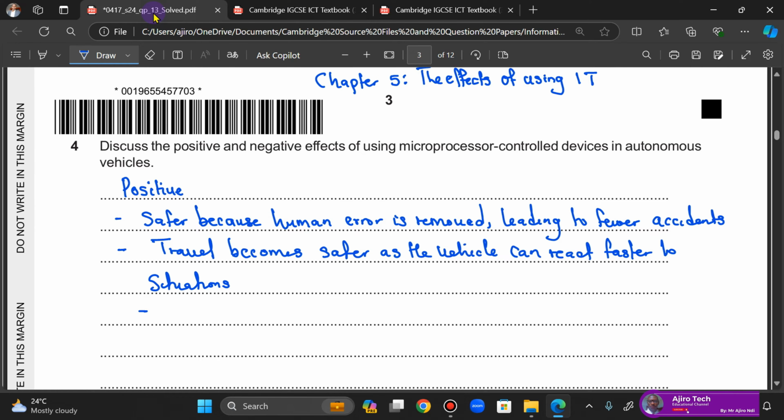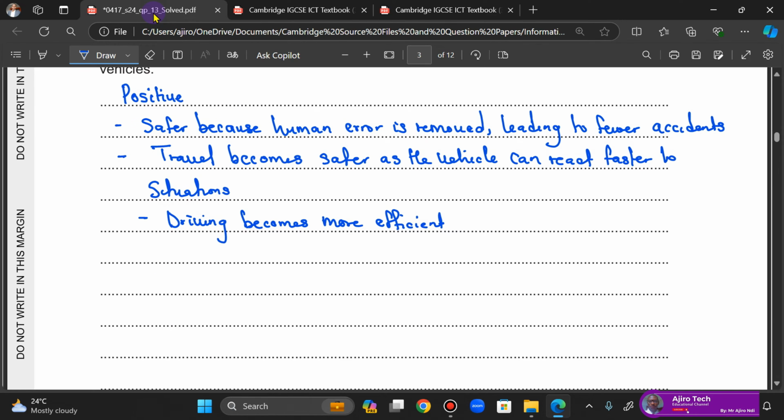Okay, so driving becomes more efficient, as the vehicle finds the best way of getting to the location.